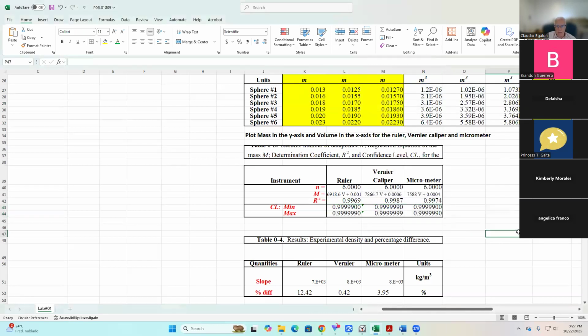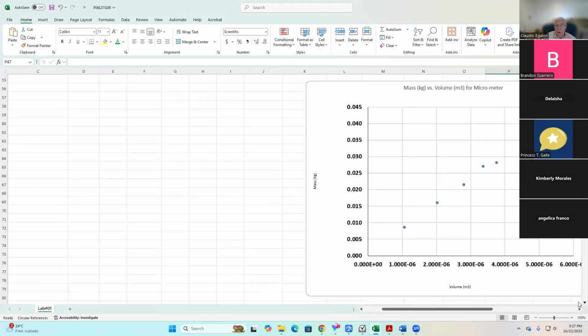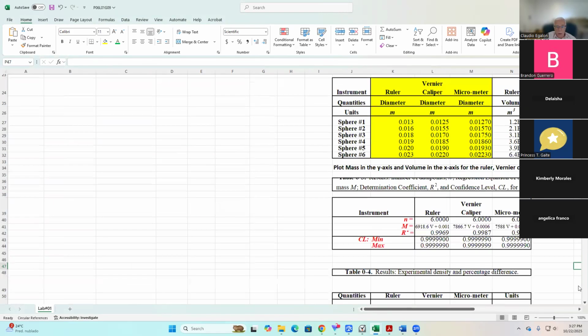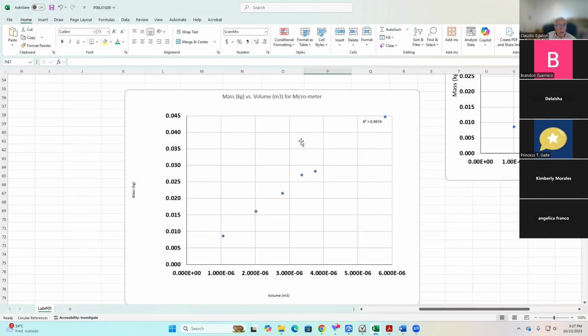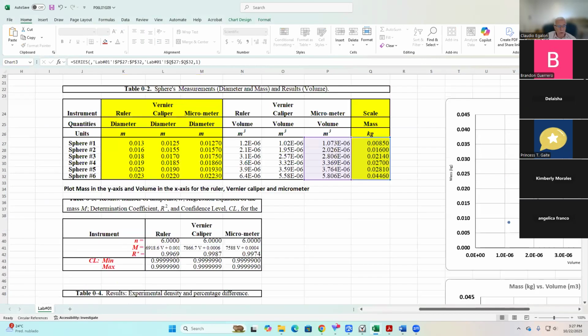Okay, now you see that there is a difference between those numbers. So it looks like you made it. Now just the graphs that I didn't see. I don't see the regression equation here.